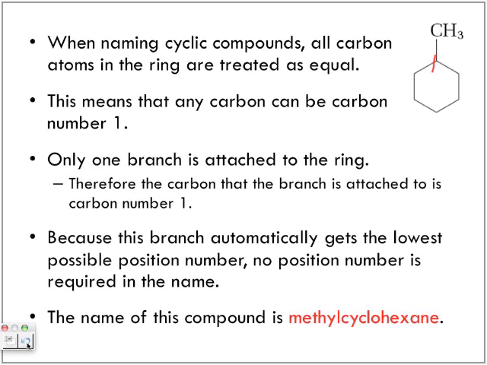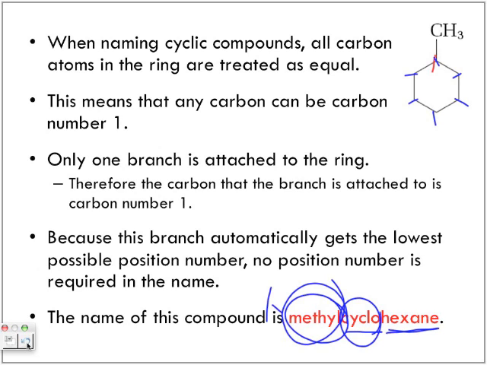So we can name this methylcyclohexane, because there are 1, 2, 3, 4, 5, 6 carbons in this ring. So we've got 6 carbons, it's cyclic in nature, and it's got a methyl group located on the number 1 carbon. We may write it down as 1-methylcyclohexane, but because we know it's got to be on the first carbon, we do not need to write in the number 1.